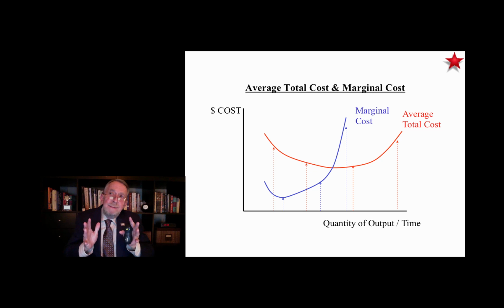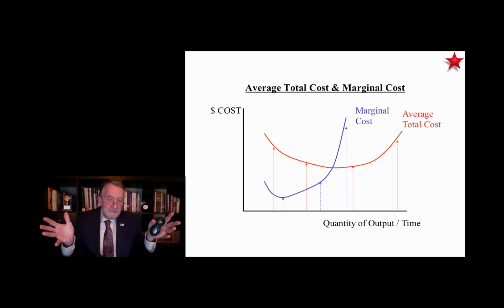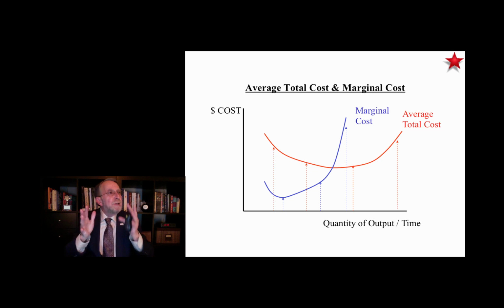To correctly depict the cost relationships for every business firm, you want to be able to draw this drawing from memory because it captures these realities of the laws of production and cost.